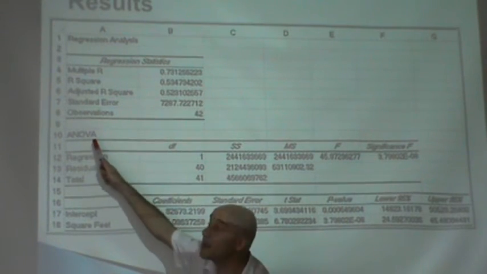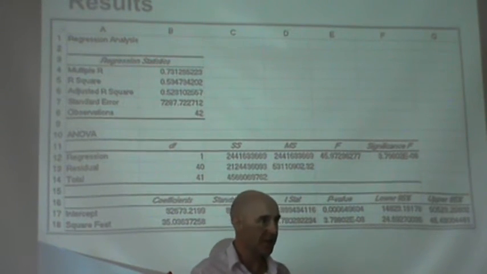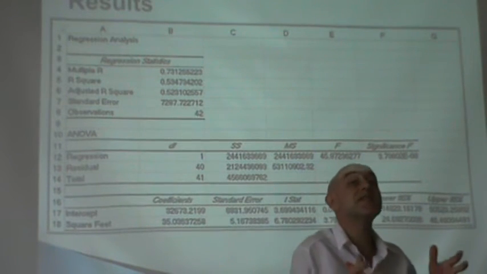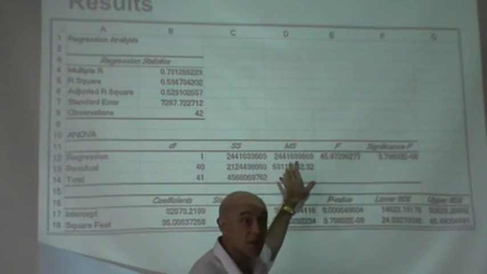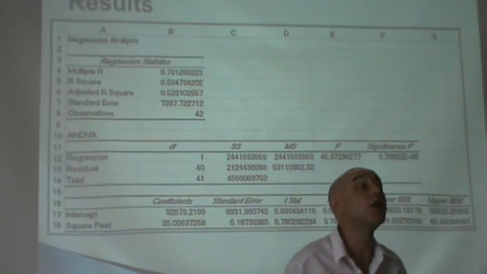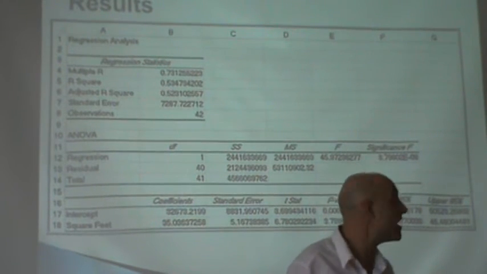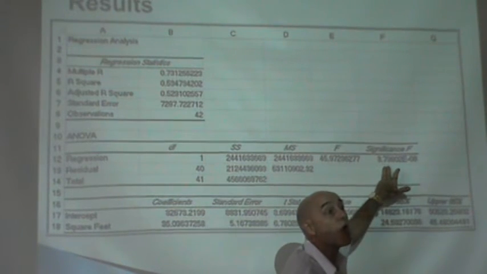So ANOVA is an F test, and it provides an F statistic. And the F statistic has a distribution, and you will look at the F test with the probability.